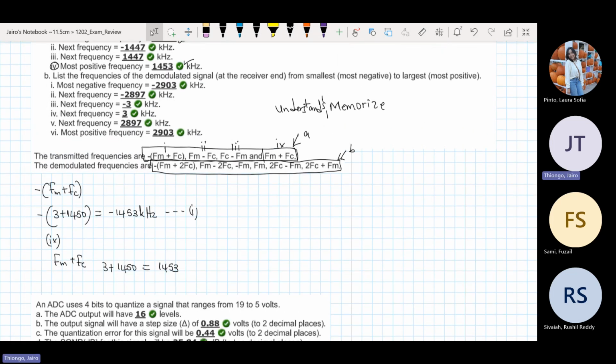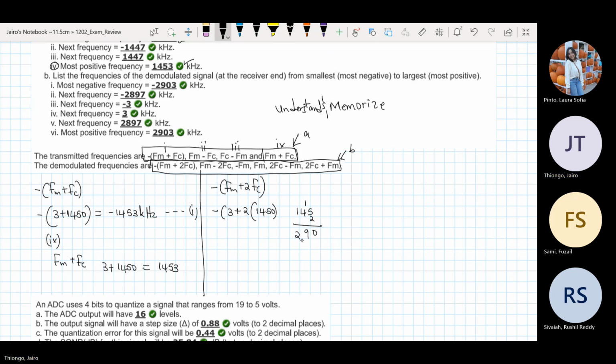And it should be the same for B. So for B, we have FM plus 2 FC. So minus 3 plus 2, FC being the carrier. I don't have a calculator with me at the moment, but once you do that, that should be what? 145... not good at mental math. 145, 2, and 8, 9.